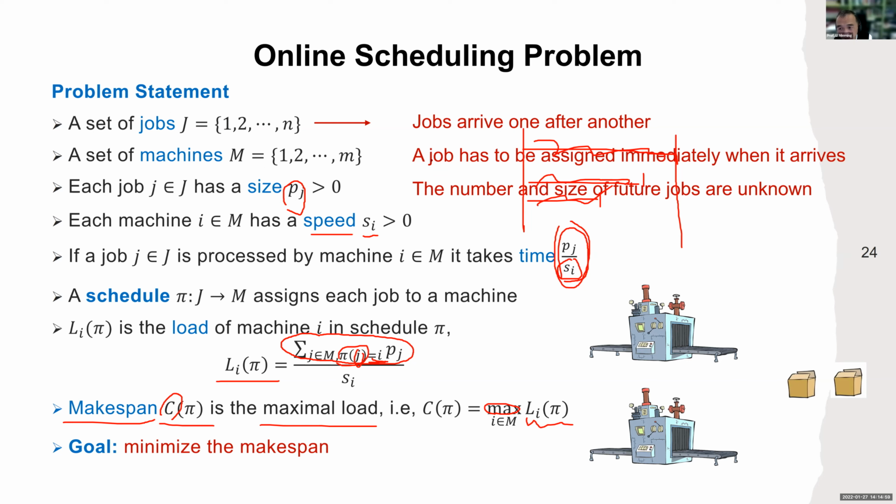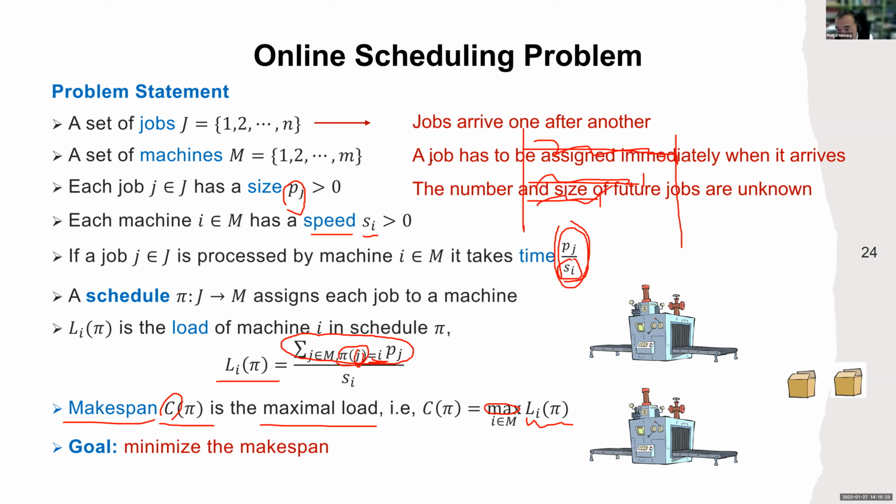But of course, on the other hand, you can also prove that nobody can do better than this. Whenever you propose an algorithm with a competitive ratio, say 2, you can at the same time try to show no deterministic online algorithm can give a competitive ratio better than 2.